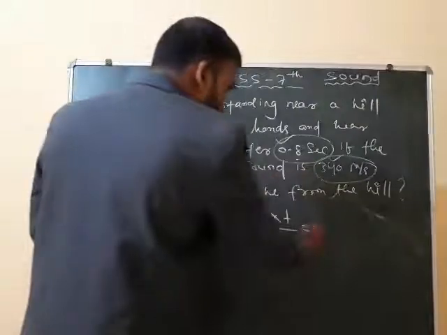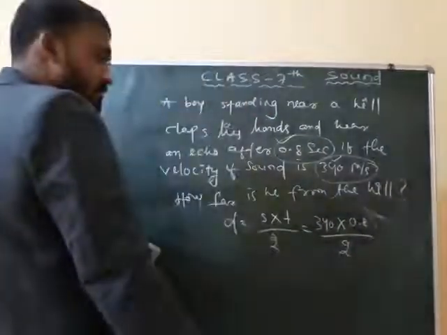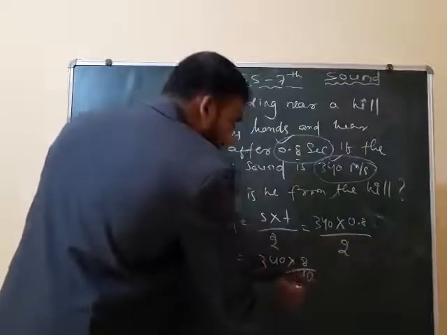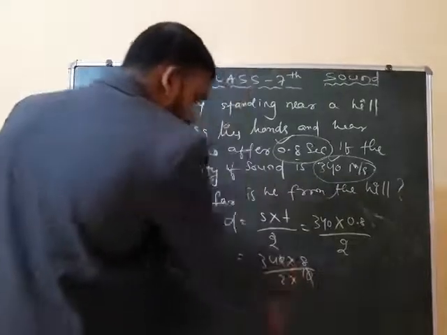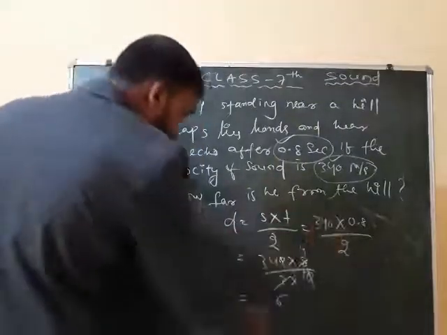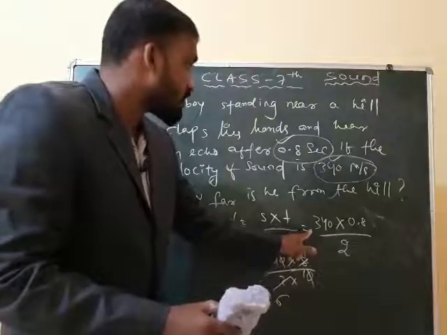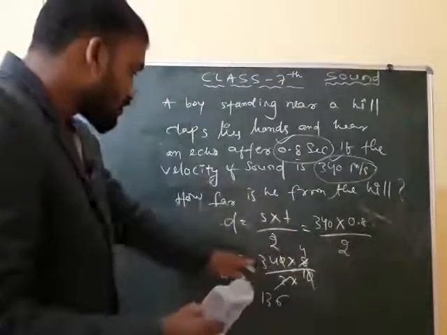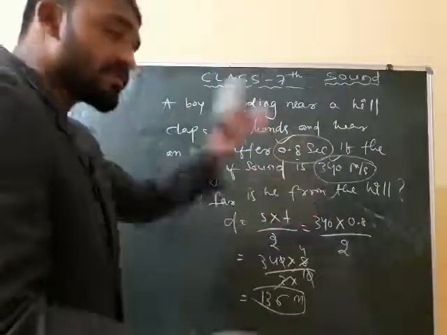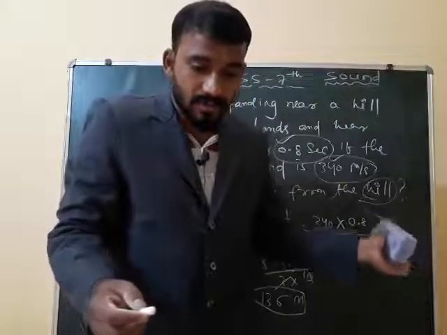So distance is 340 into 0.8 by 2, which is 340 into 8 by 10 into 2, equal to 136 meters. So he is 136 meters away from the hill. This much clear?